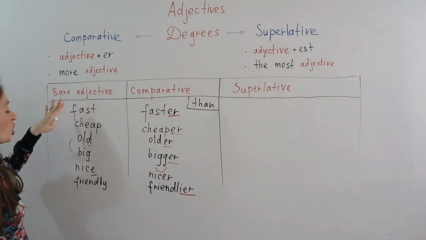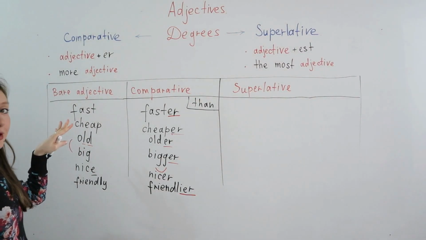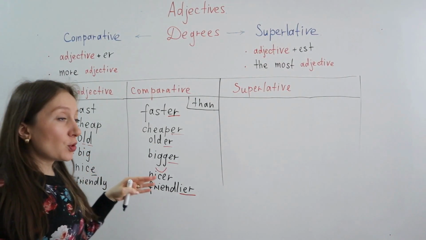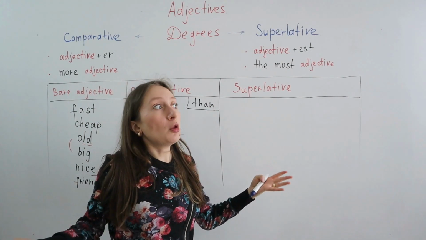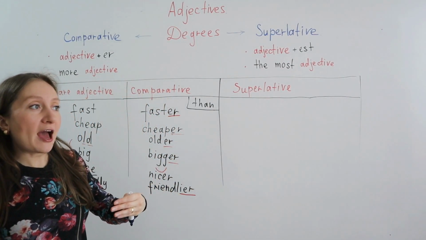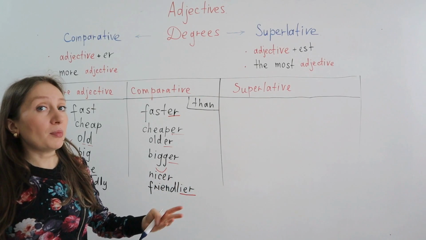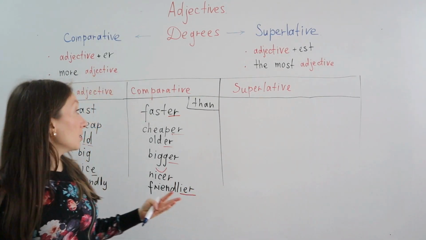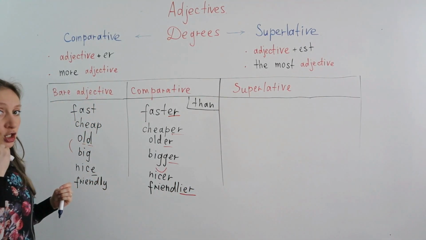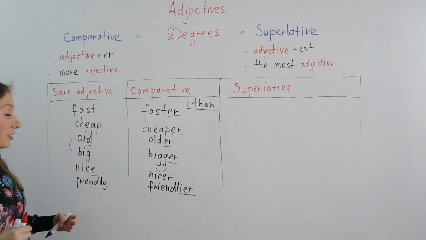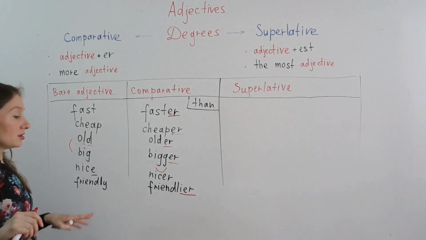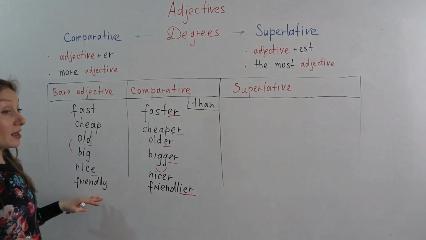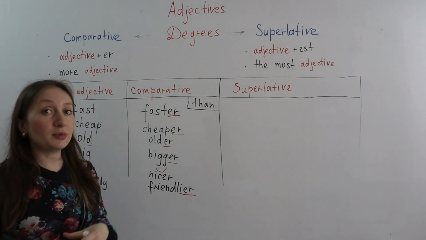These are, we call them kind of short adjectives. But sometimes we have long adjectives. What does it mean, long adjective? It means you have 2, maybe 3, maybe 4 syllables, right? For example, fast, cheap, old, big, friendly. 2 syllables, but still, it's a short one. Sometimes we have 3 syllables.